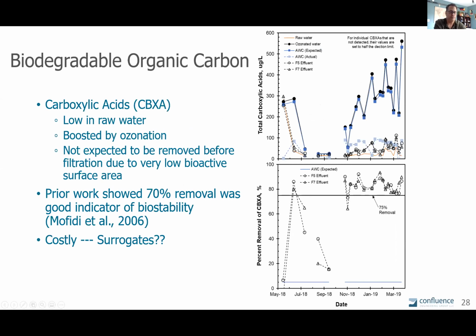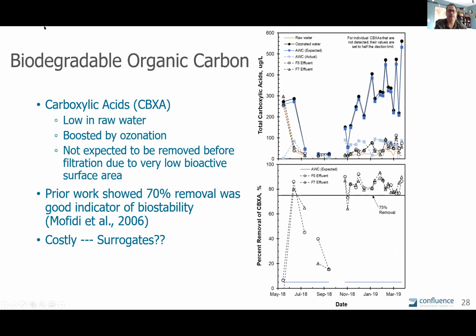For BDOC, we also looked at that measurement of carboxylic acids. It's again an IC chemistry method, which looks directly at this low molecular weight compound that's produced when ozone breaks down organic matter.